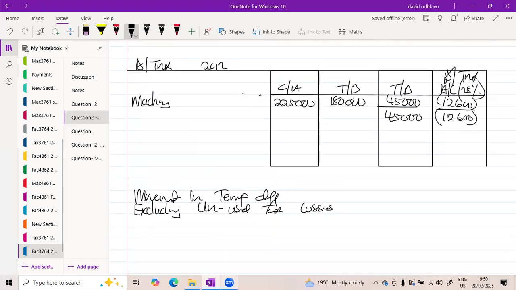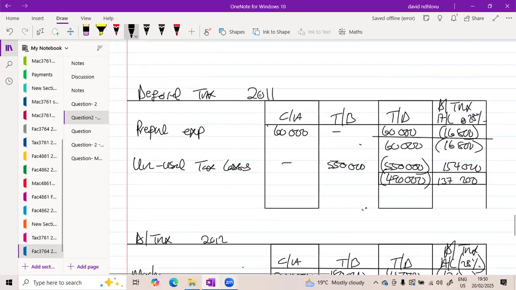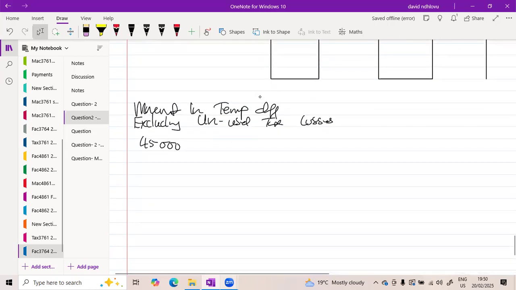If you then go to the question, the temporary difference before tax losses is still 45,000. And the temporary difference before tax losses from the prior year, 60,000.